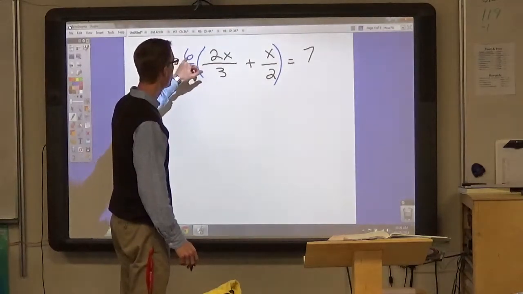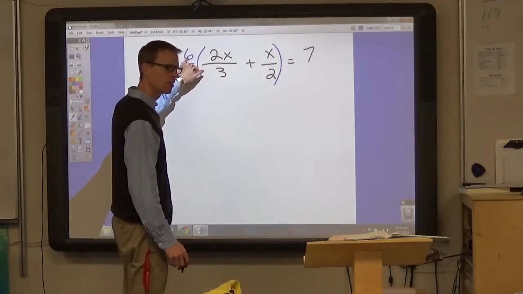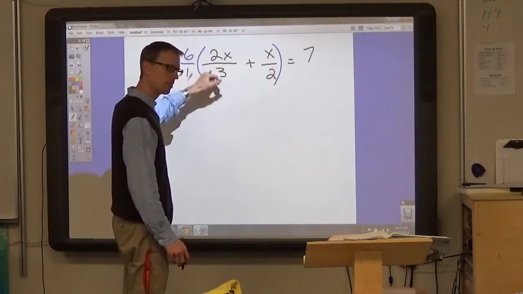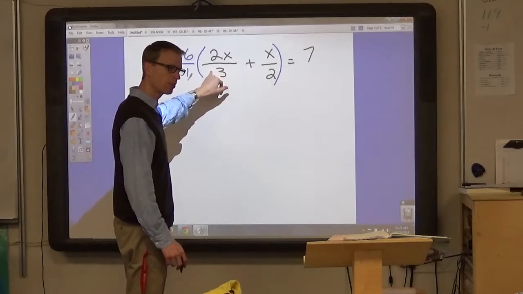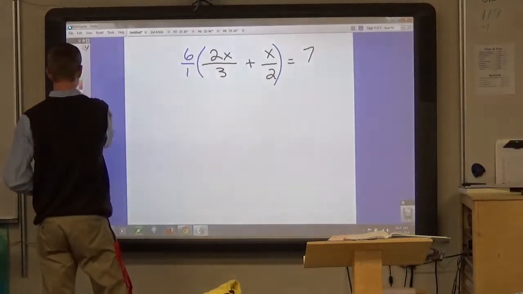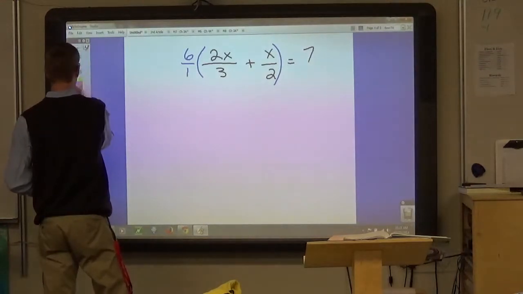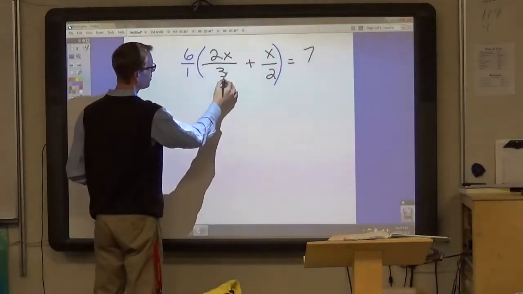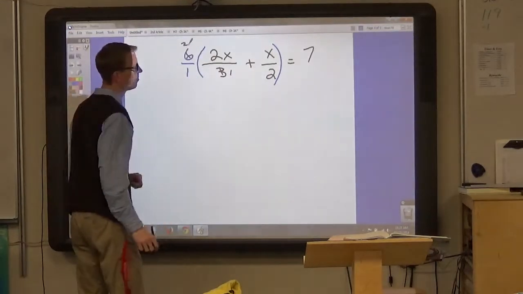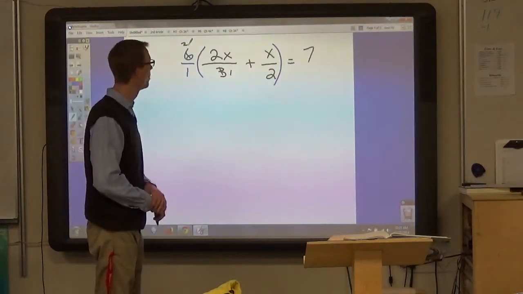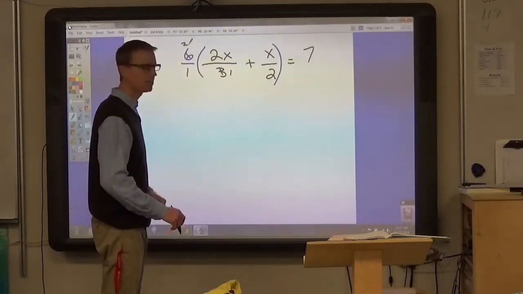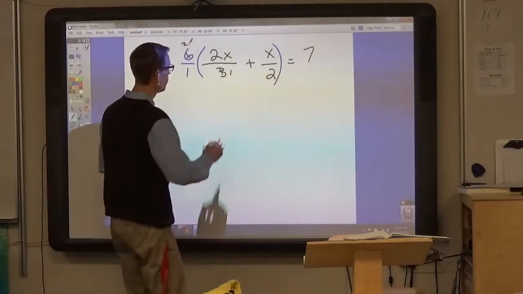Now, when you multiply 6 times 2/3, since 3 and 6 are multiples, they're related, 3 goes into 3 once, 3 goes into 6 twice. So we simplify this to 1 and 2. Okay? So 2 times 2x is 4x.